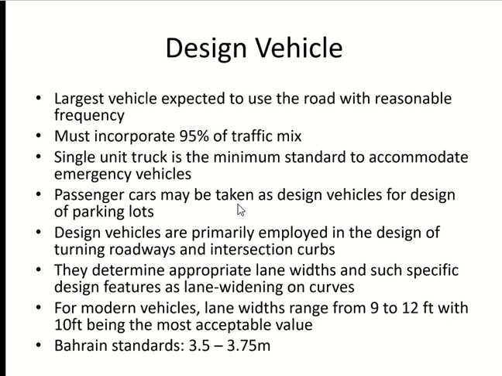Some of them are designed for some other vehicle. Why not this one? Because this vehicle does not have enough frequency on this road. So you have to look at the frequency as well: how often this vehicle will come on the road?